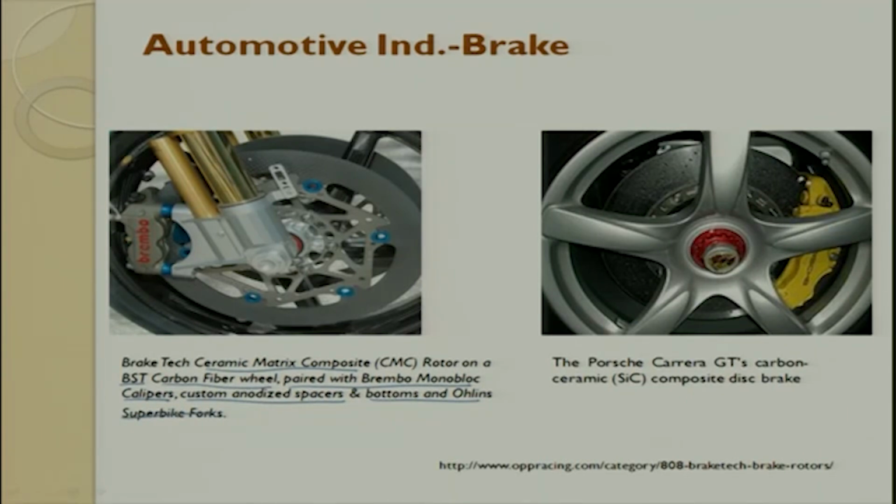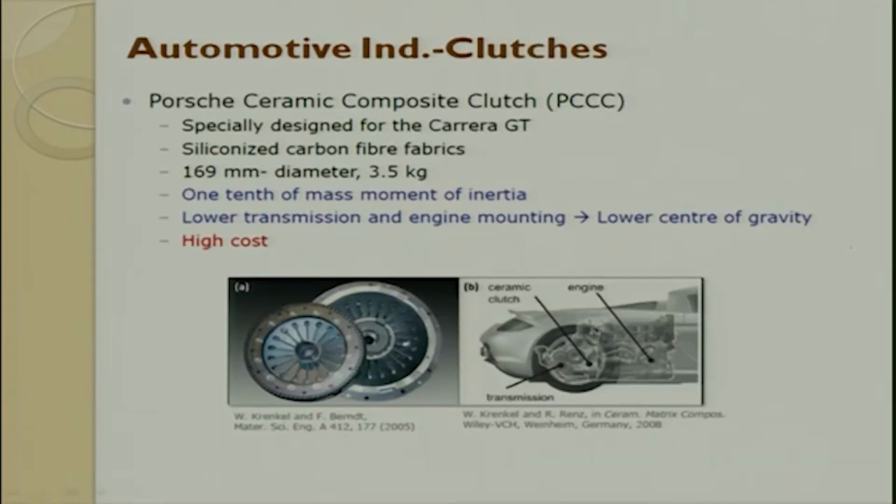So, you can see this. These are the forks, and this is now completely made up of ceramic matrix composite. This is the monoblock caliper which is used. So, this is best for our braking. This is the carbon ceramic composite disc brake which is used. So, these are the disc brakes which are used in automobiles today.